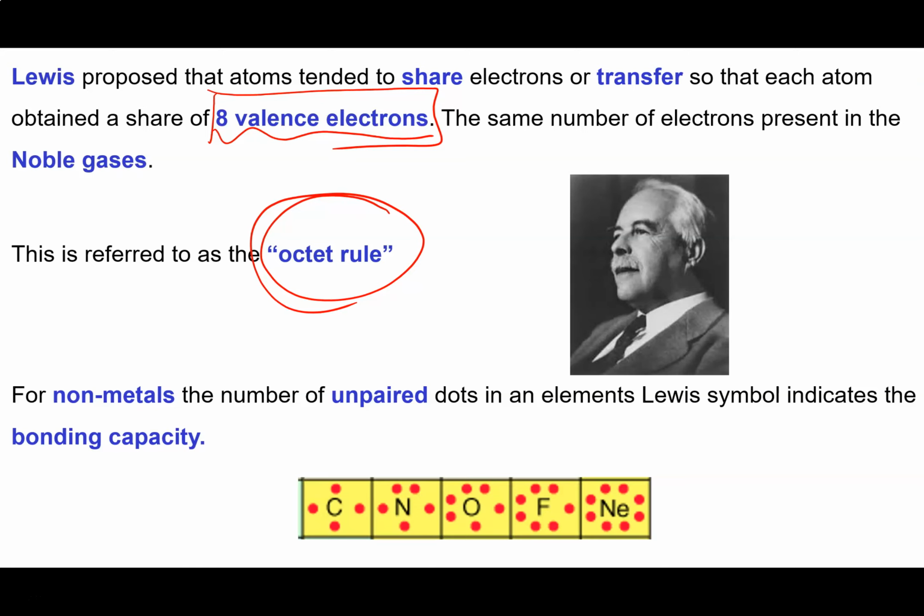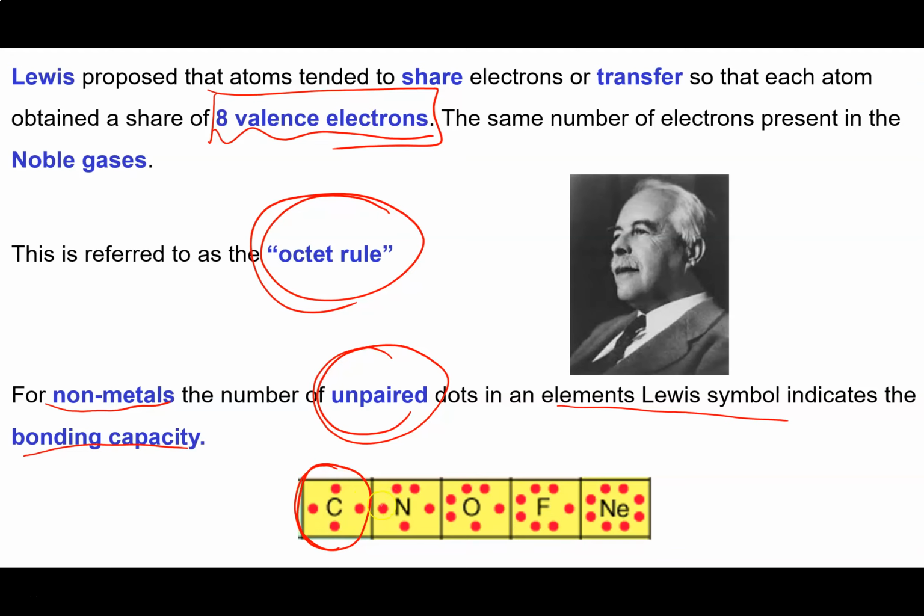Well, it's really simple. For the non-metal atoms, these are the ones that like to form covalent bonds, the number of unpaired dots in an element's Lewis symbol indicates what we call its bonding capacity, and this is the number of bonds that it tends to form. So carbon in group 4A tends to form 4 bonds because it has 4 unpaired dots.